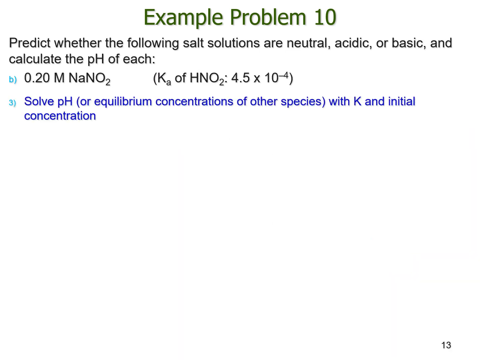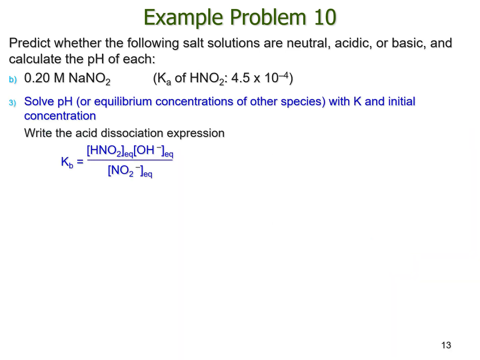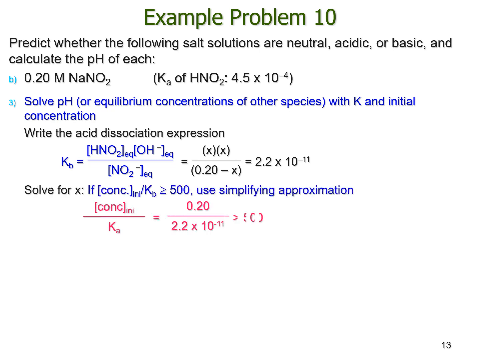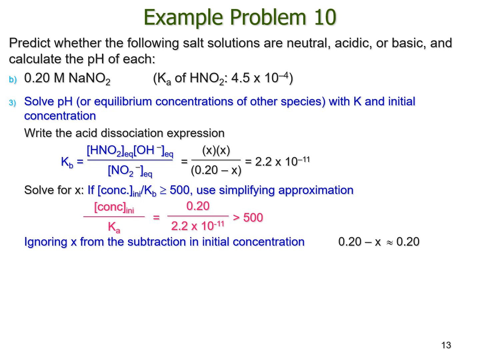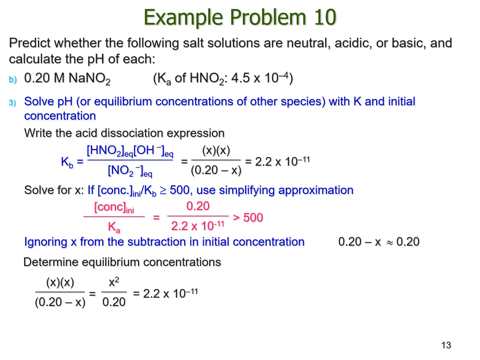And on the next page, we use Kb. So Kb is what we have, and put the X in, and let's see if we can apply the 500 rule to it. Apparently we can. So we take away that minus X. Calculation becomes much easier. So we multiply by 0.20 on both sides, then we take a square root.